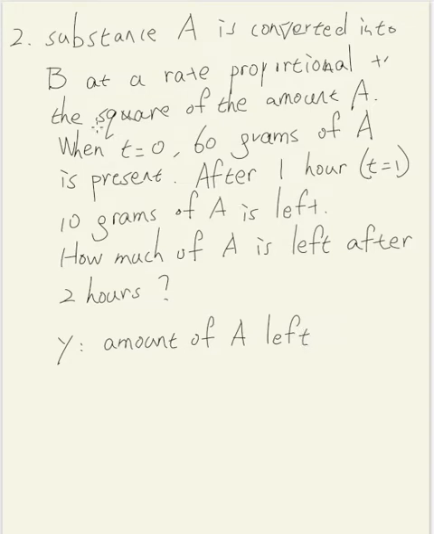Okay, then the problem can be written as dy/dt is proportional to the square of the amount of A. So dy/dt is proportional to y squared, and proportional can be written as a constant k times y squared, where this constant k is unknown at the moment.